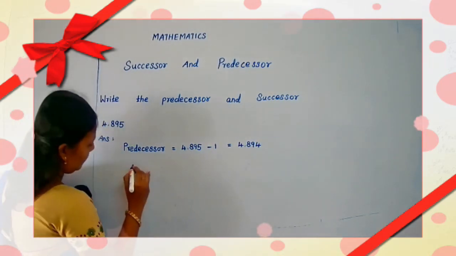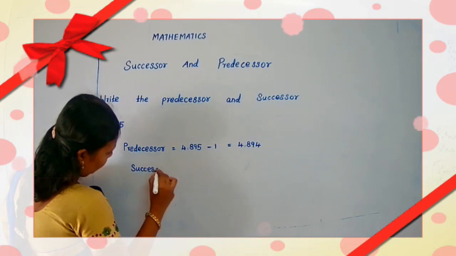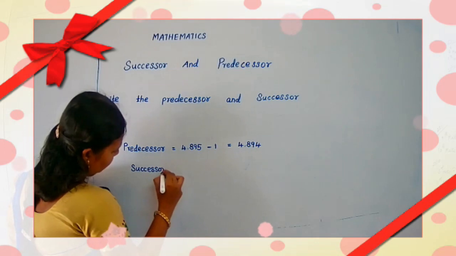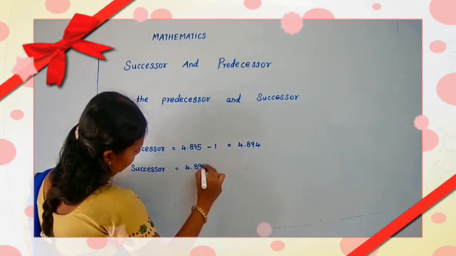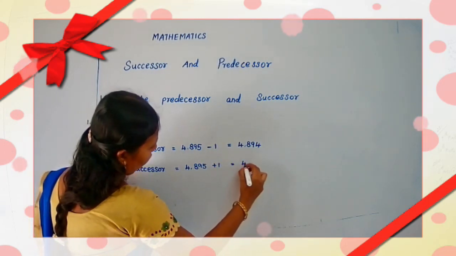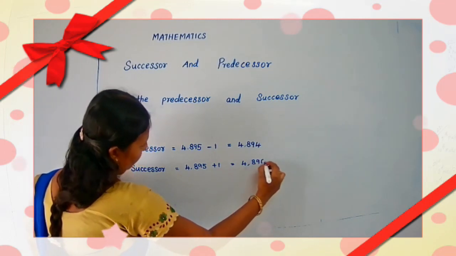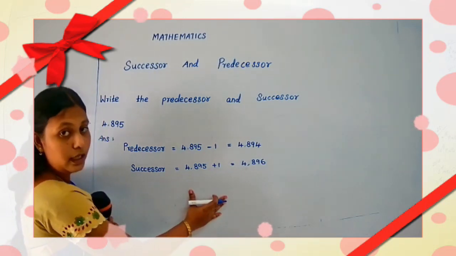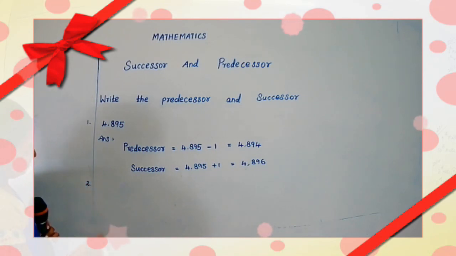Then successor. Successor is equal to 4895 plus 1. Then we will get 4896. 95 plus 1, 96. You can find, we will get the after number. Then the second one.